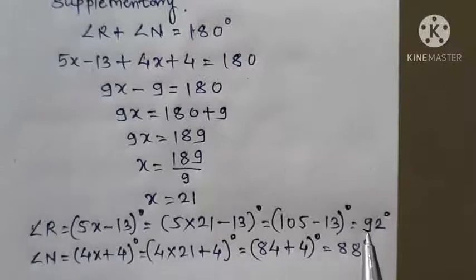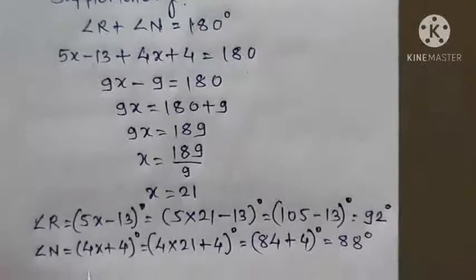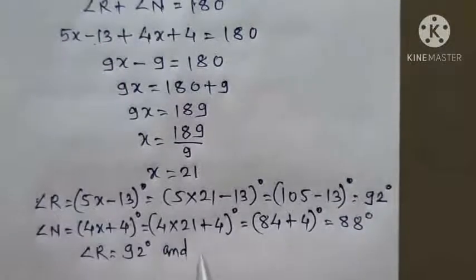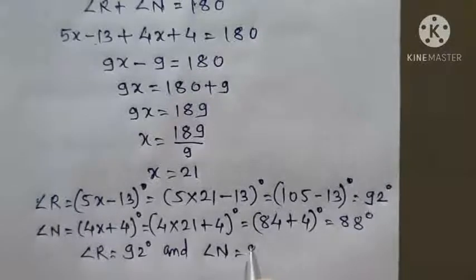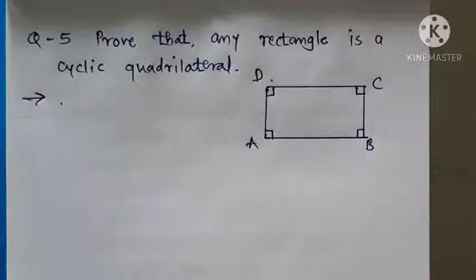And their sum is 180. In this way, we can find the value of angle R is equal to 92 degrees and angle N is equal to 88 degrees.